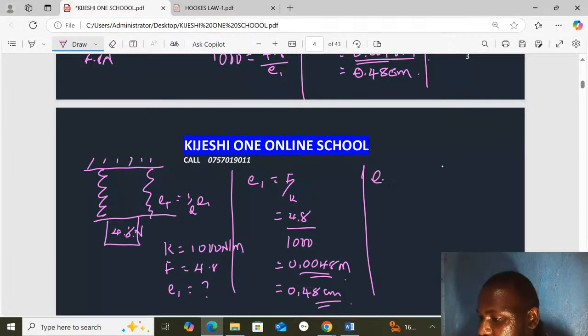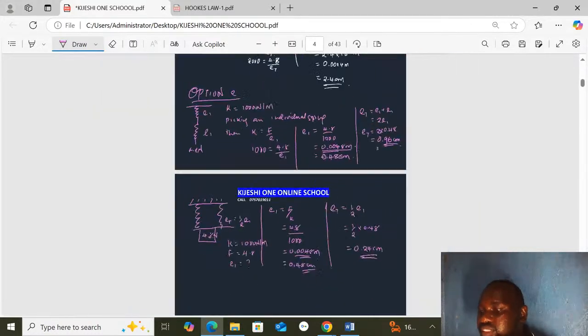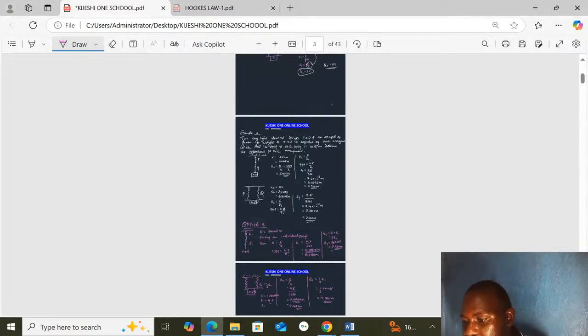Therefore, E total, which was the same as half E1, now we'll say that half of E1, then we'll arrive at 0.24 centimeters. There is no difference when it is like this.